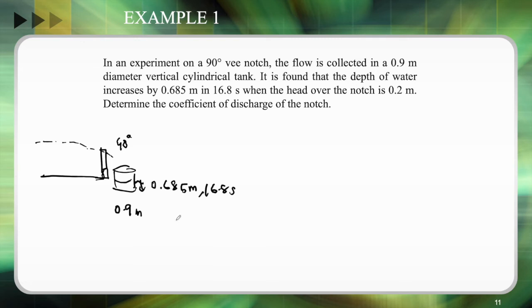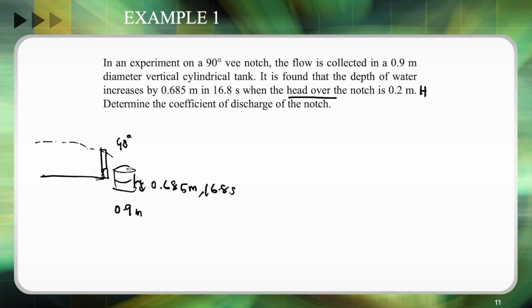We need to find the discharge when the head over the notch is 0.2. The head over the notch is the capital letter H required in your equation. Now we have to find the coefficient of discharge.